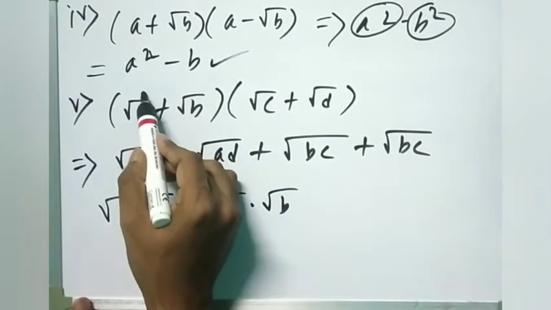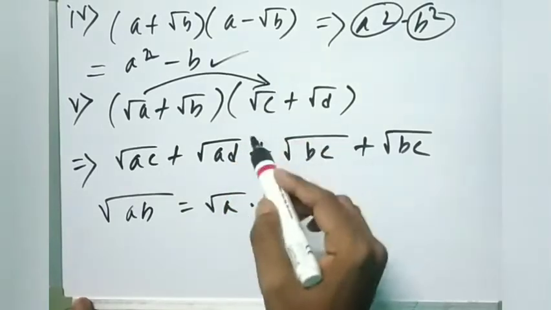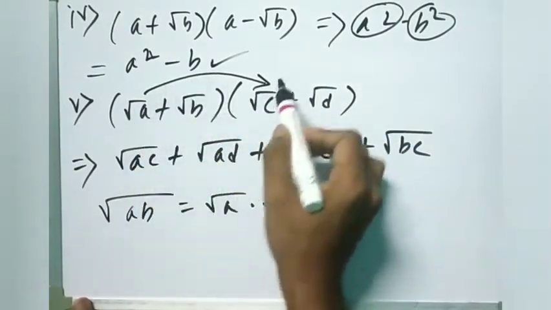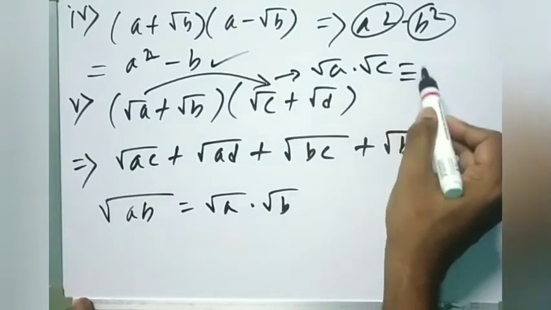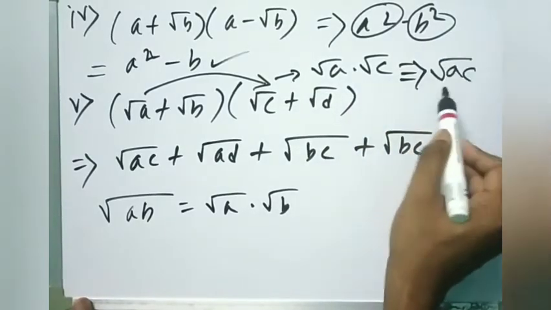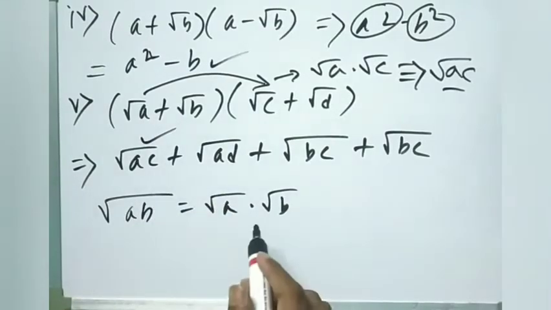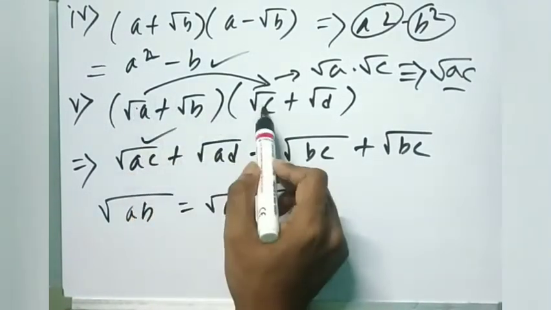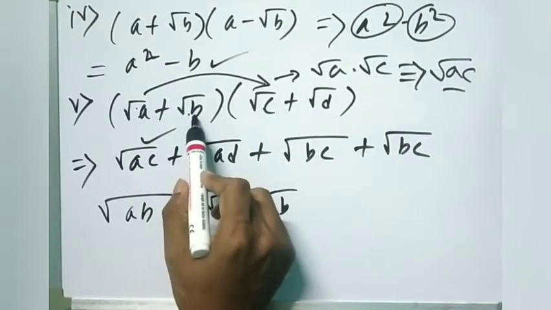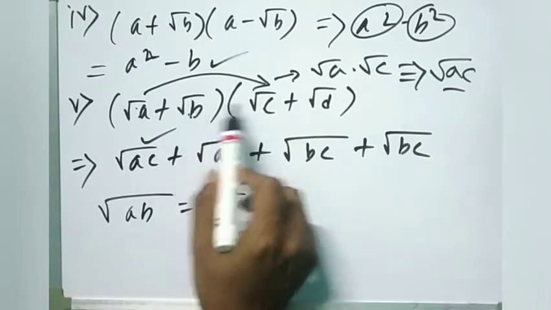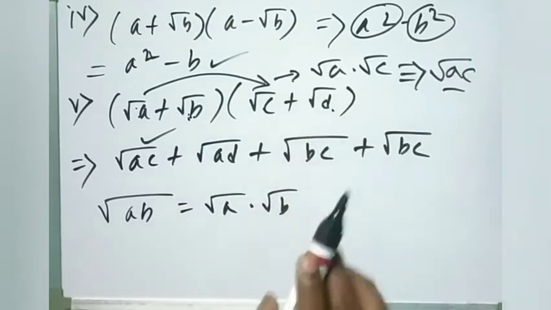So when we are doing the multiplication, we are getting here root a dot root c, so we can write this part as root ac. Okay, so root ac, root ad. Now again multiplication with this one, root bc and root bd.